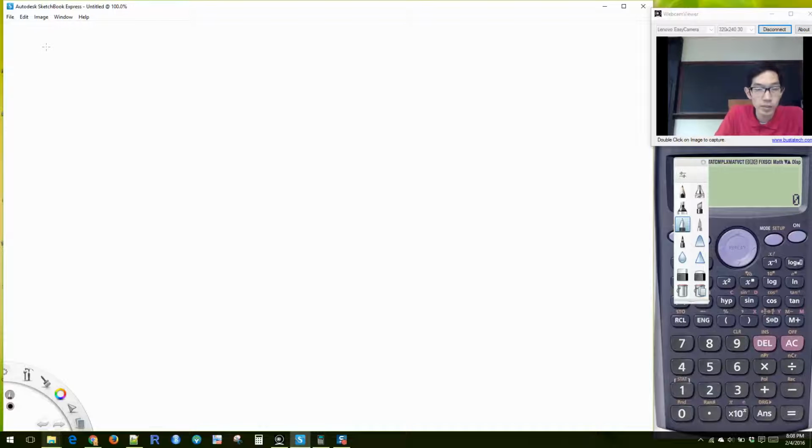Okay, so the formula is y bar plus or minus t star times s over the square root of n. Okay, so s over the square root of n, this is known as the standard error.